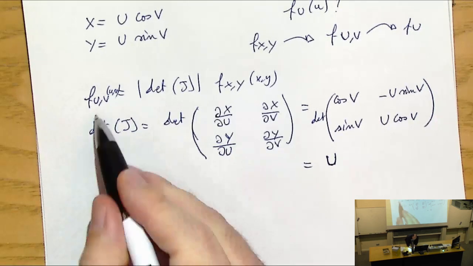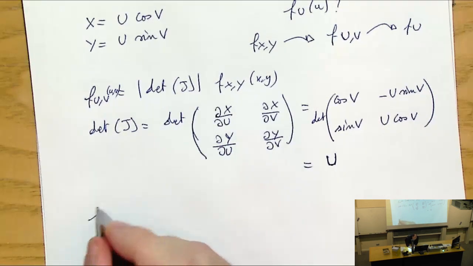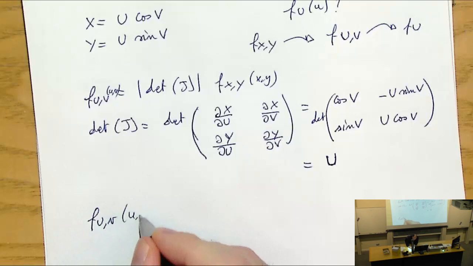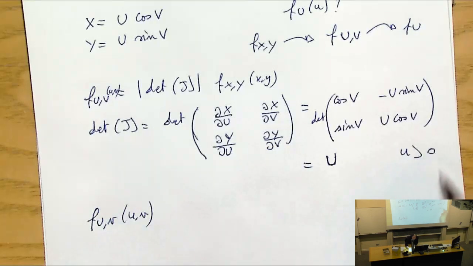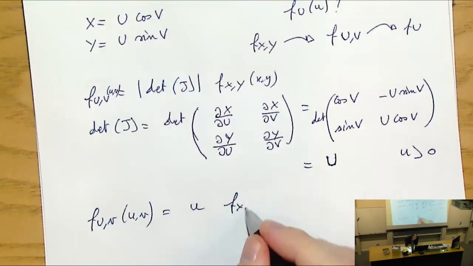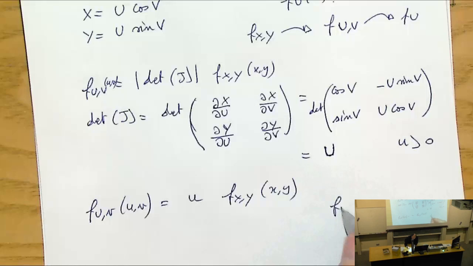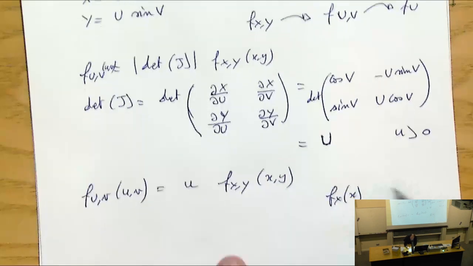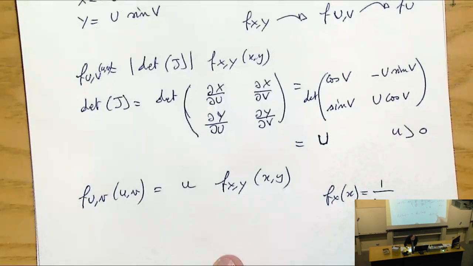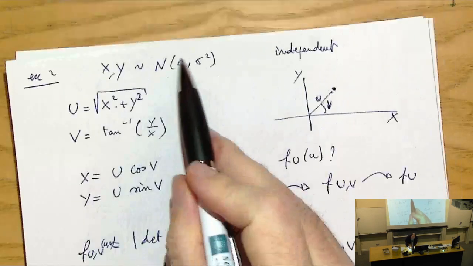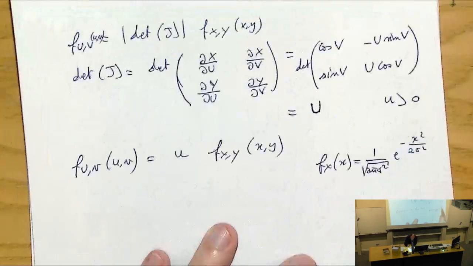Right, so now we can apply this. So what is this f of u, v? And u is always positive, right, so it is essentially now u multiplied by the joint PDF of x, y. So what is this? They're both normally distributed, so f of x is 1 over 2 pi sigma squared e to the minus x squared over 2 sigma squared, right? I have a mean of 0, so I have no mu here.